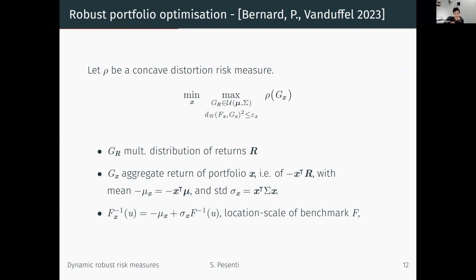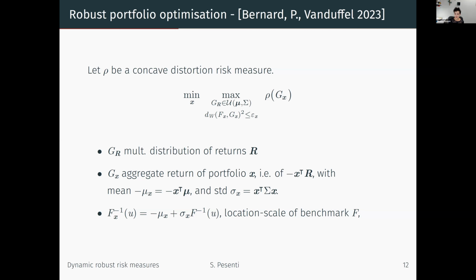So the idea here is that you have returns on the multivariate level. You only know the mean and covariance structure, and you have uncertainty about its distribution. And then at the level of the aggregates, you want to be close to your benchmark in the Wasserstein distance, again the 2-Wasserstein distance. What is crucial is that the epsilon could depend on your portfolio choice.